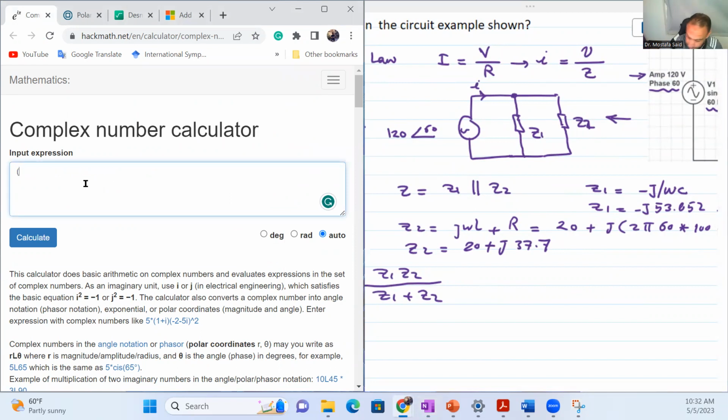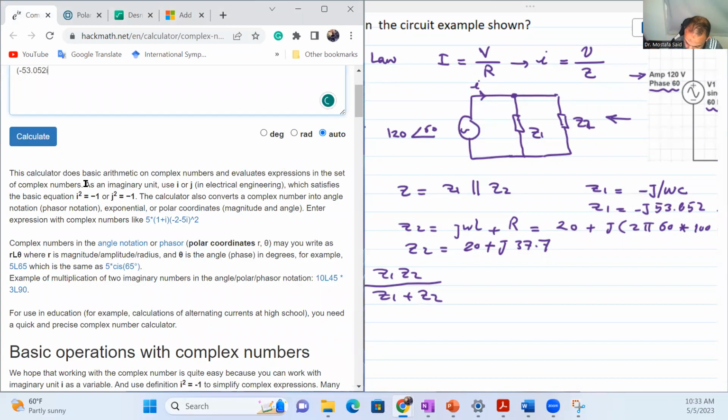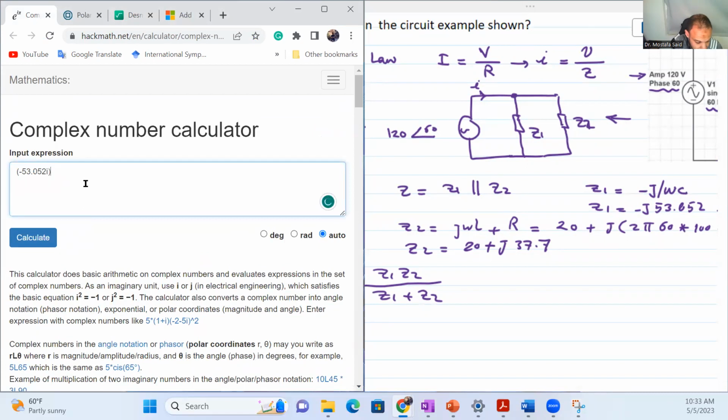Z1 is minus J, and in this website, you have to use I. So minus 53.052 I, and Z2 is 20 plus 37.7 I, and then big brackets and add them to each other.